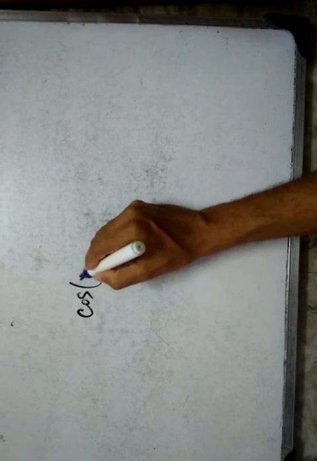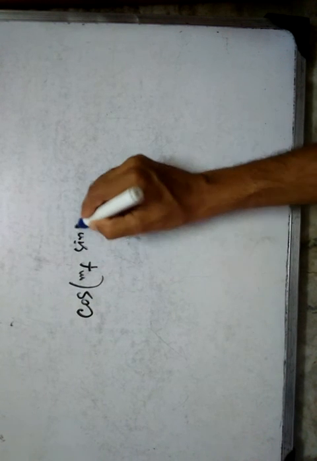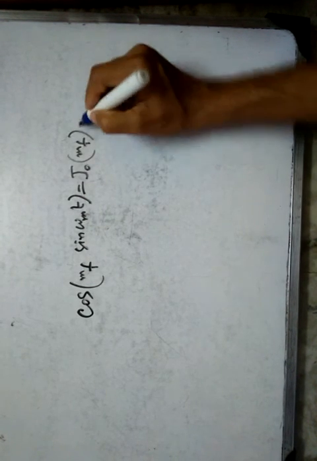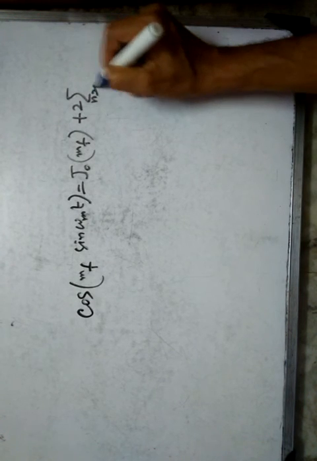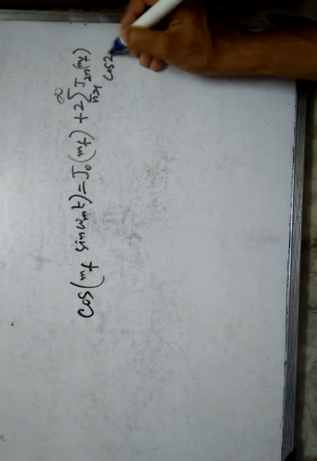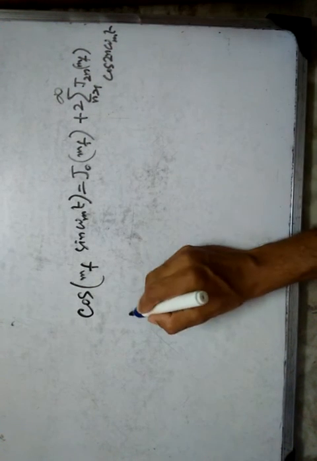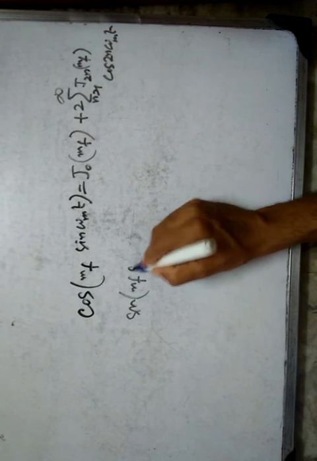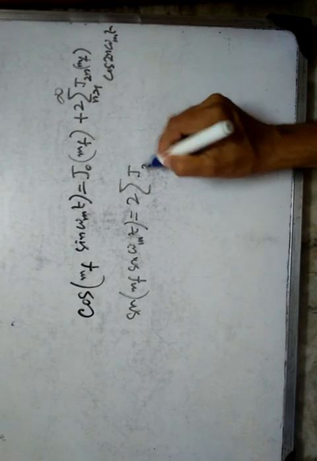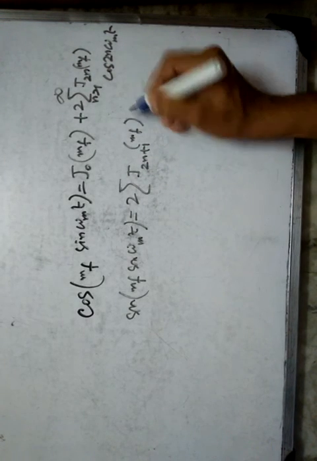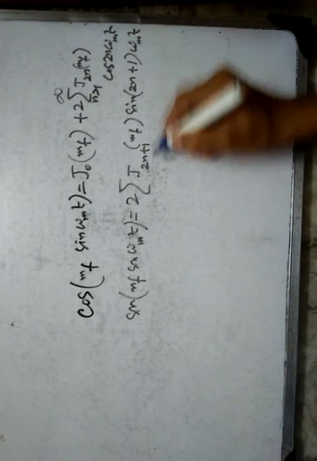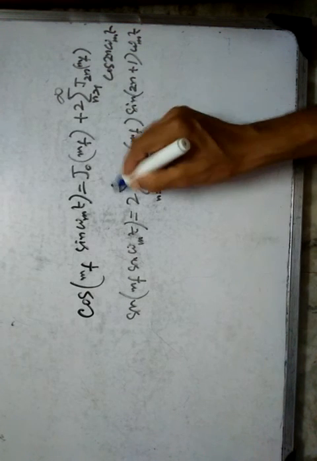Since we know cos of mf sine omega m t is equal to J0 of mf plus 2 summation n equals 1 to infinity J2n of mf cos 2n omega m t, and sine of mf sine omega m t equals 2 summation J2n plus 1 of mf sine of (2n plus 1) omega m t, n equals 0 to infinity.